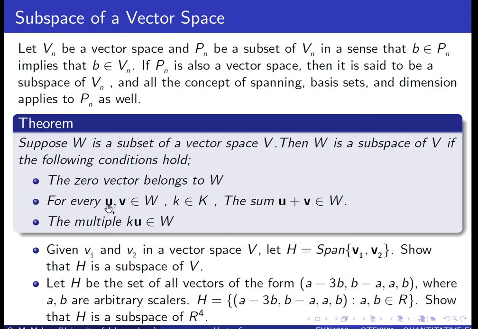If I have two vectors u, v in W and k a scalar, the sum is in W. So it remains to show that a multiple of a sum, you can either say ku plus kv, should also be in W. Or you should also show that ku, a scalar multiple of an element in W, is also in W. So we call this closure under multiplication, and this is closure under addition, right?